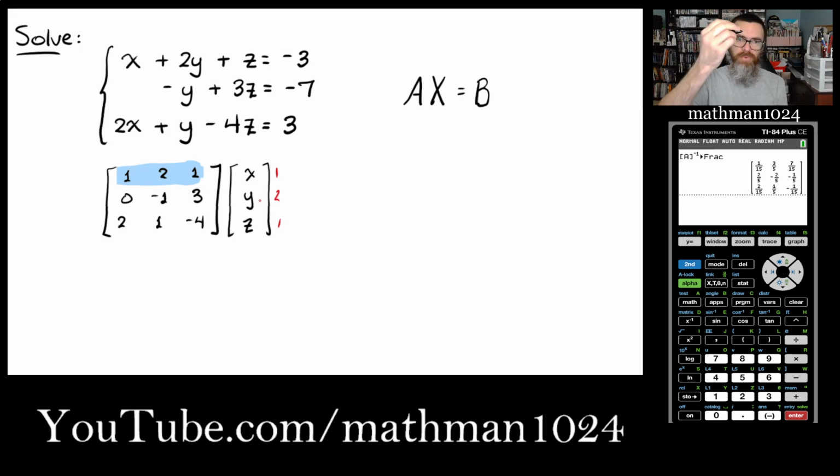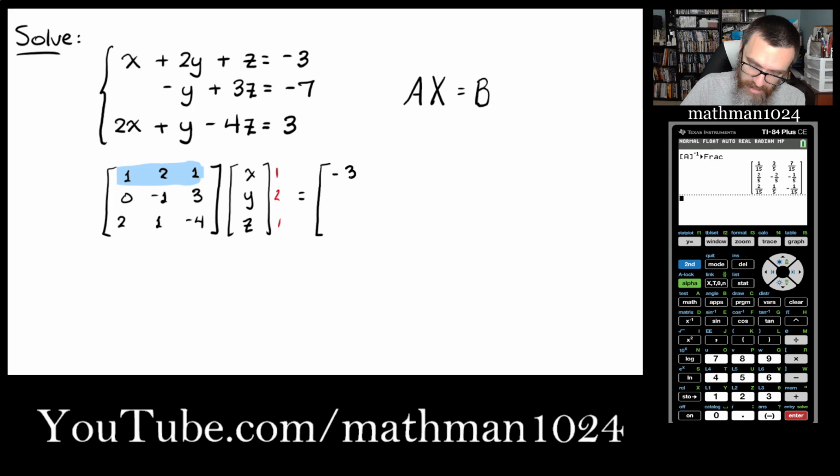Same thing if you were to use the row 0, negative 1, 3. All of this then is equal to what would be your constant matrix of negative 3, negative 7, and 3. Okay, so just kind of keep that in mind. We're kind of rewriting it this way.